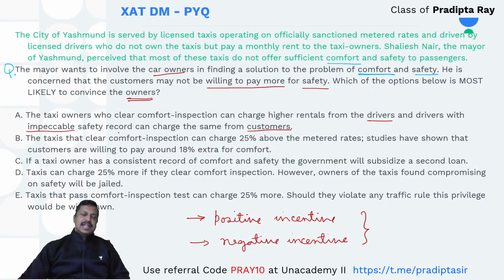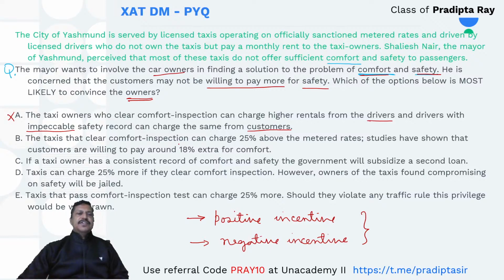Is it 1 lakh kilometers driven with no accident, or is it 50,000 kilometers driven with no accident? There is a lot of complication here. So this may not be the case. You need to look at which of the following options is most likely to convince the owners that owners will take care of comfort and safety, right? So this may not be the perfect one.